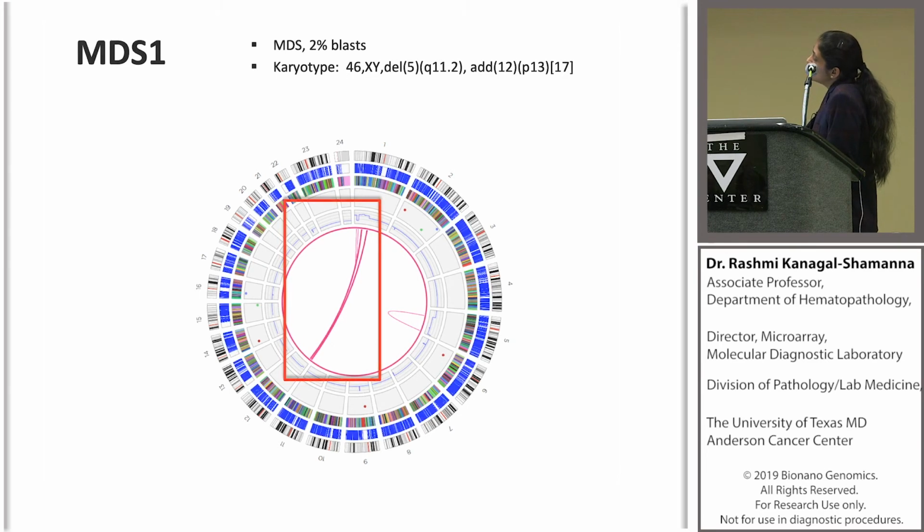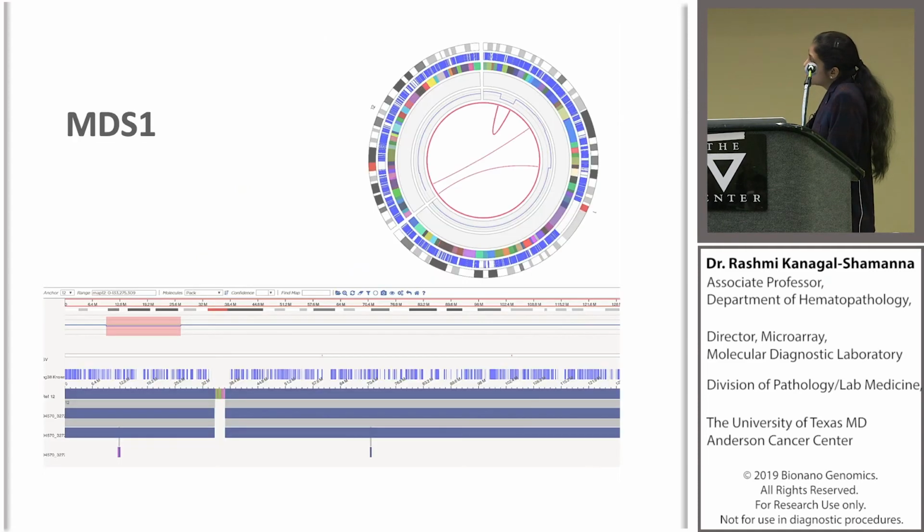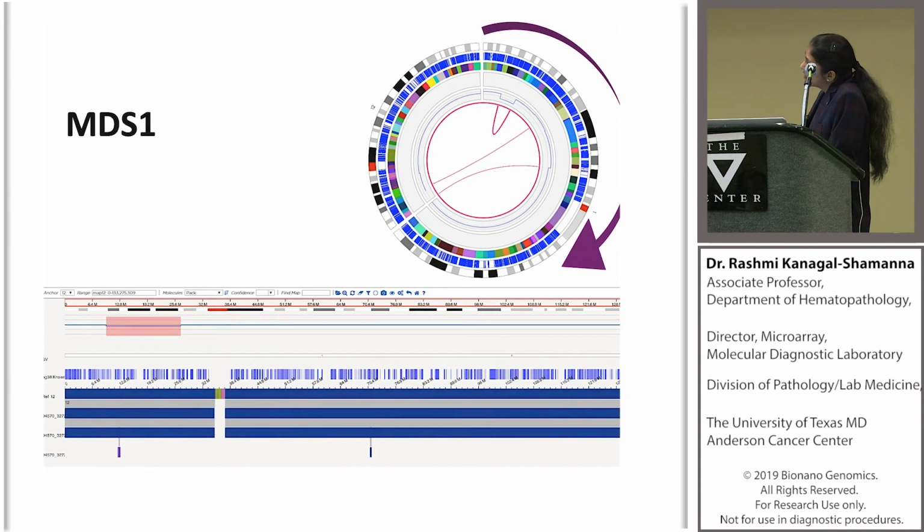In addition to the deletion of chromosome 5, here is a second abnormality that we see. There seems to be a translocation from chromosome 1 to chromosome 12. In fact, there seems to be more than just a single translocation, and in addition, there's a duplication on chromosome 1 as well. So we can look at the plots between just chromosome 1 and chromosome 12.